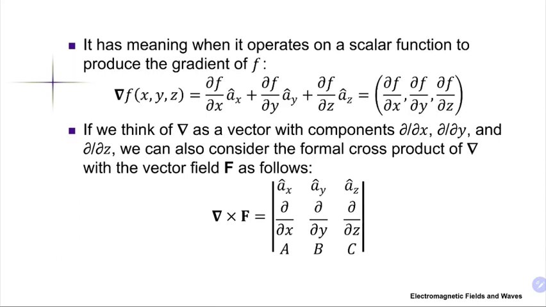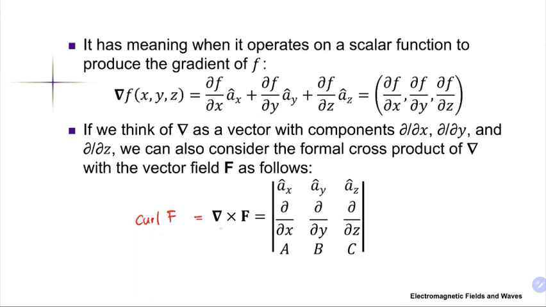We talked about the gradient just now: it simply equals the partial derivative of the function with respect to X in the X direction, with respect to Y in the Y direction, and so forth. The curl of F is simply the del operator cross product with the vector field F.